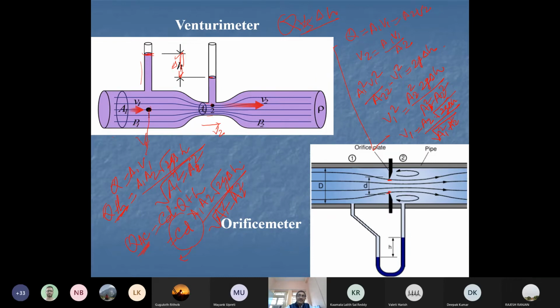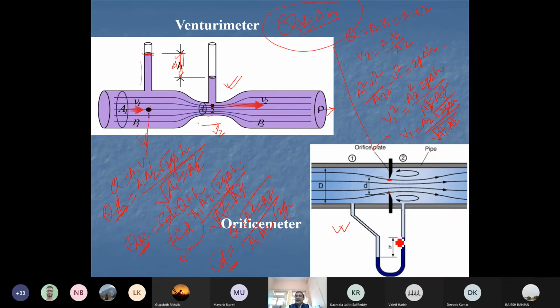If we measure the discharge somehow, that is coming out of the pipe, then CD can be estimated as Q measured into root of A1 square minus A2 square divided by A1 A2 root 2g delta H. So making this arrangement for both, whether it's a Venturi or an Orificemeter, we are simply finding out the coefficient of discharge for both the fittings in pipes and establishing a relationship between discharge and head difference.